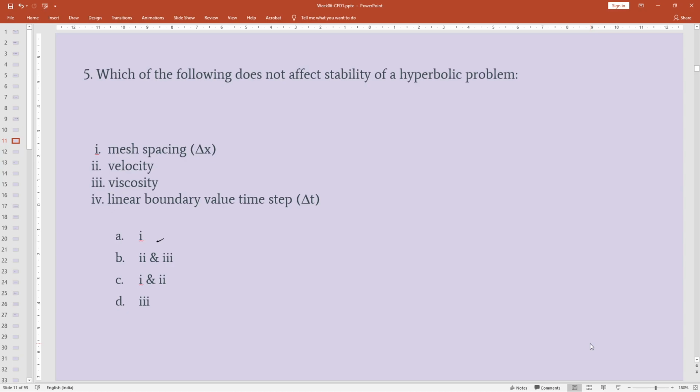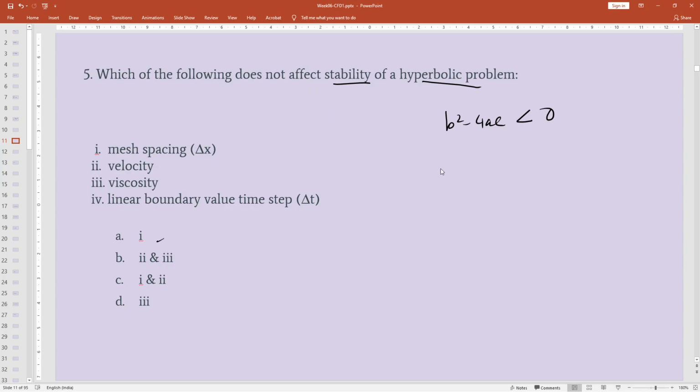So here, if you see, this is about hyperbolic problem. Hyperbolic problem we have already discussed, where b square minus 4ac is less than 0. So the catch is in here, which does not affect the stability.